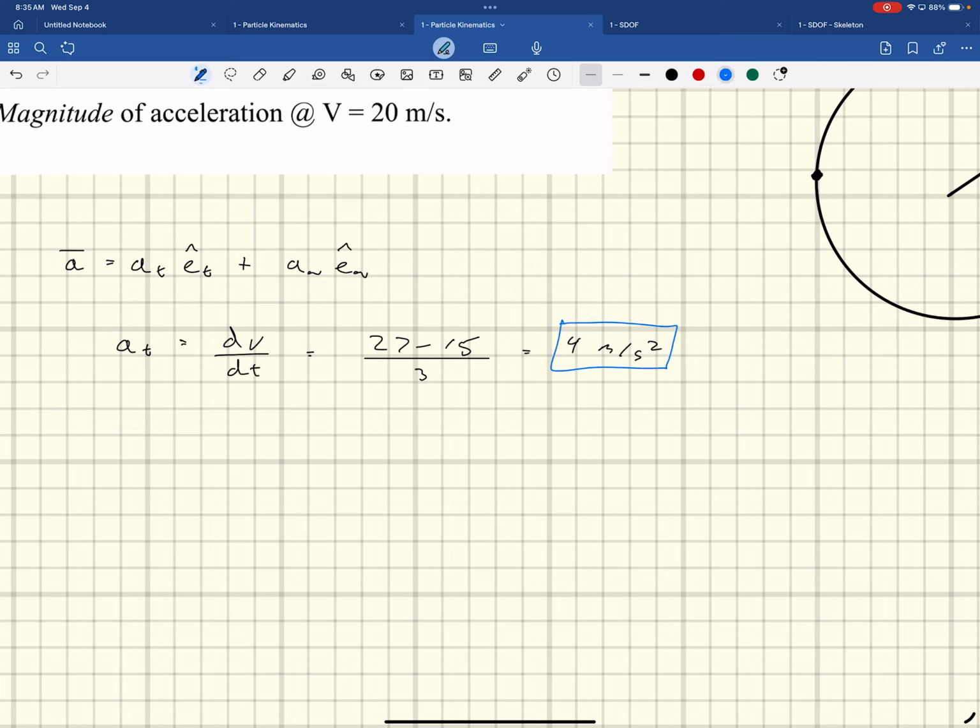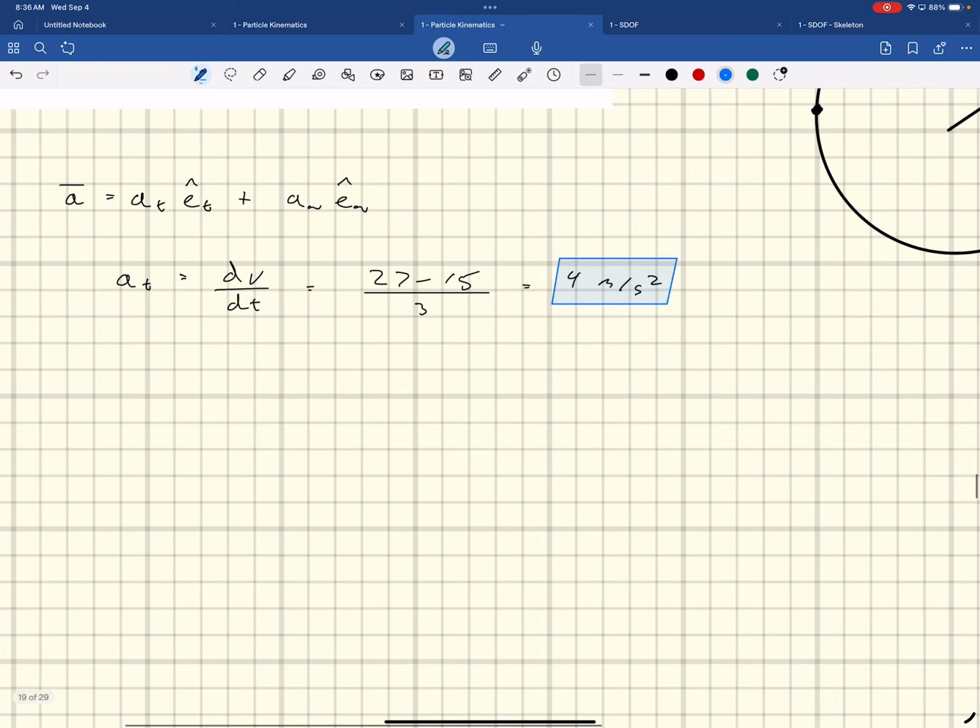That's my AT. It's just my change in speed, and it's always in the ET direction. But that's not all of my acceleration, because there is that change in direction component that we have to come up with. AN is equal to R omega squared or V squared over R. Either one.